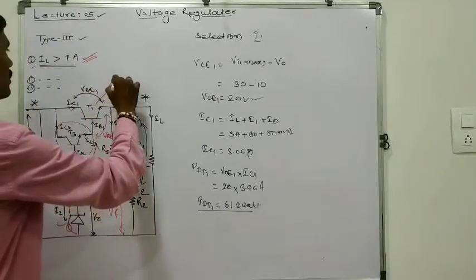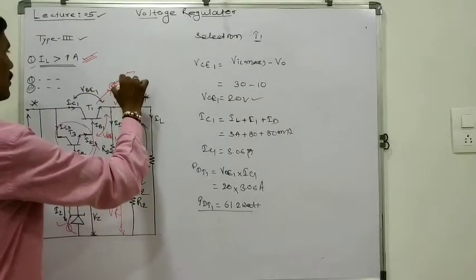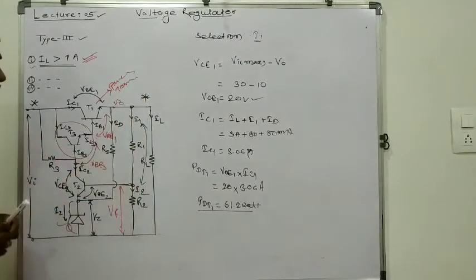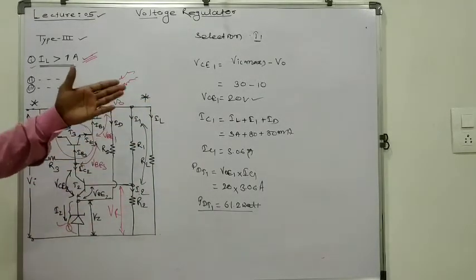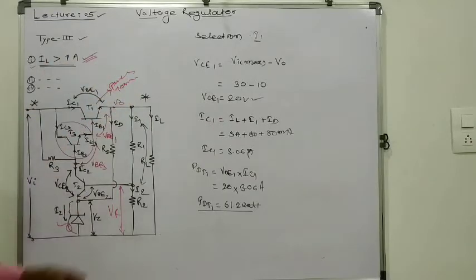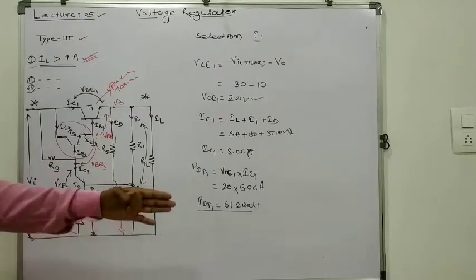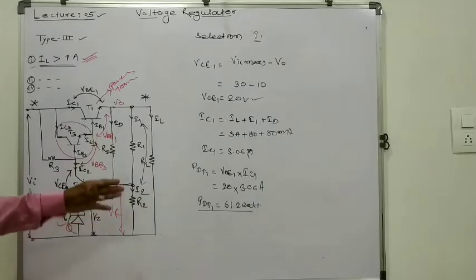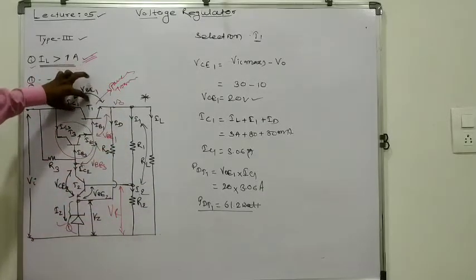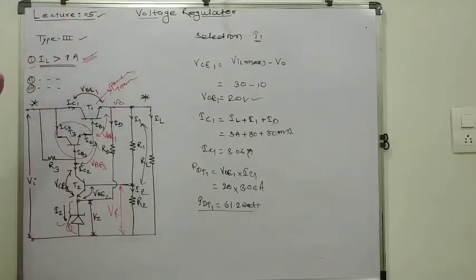So select a power transistor with VCE equal to 20. We can select a VCE of 40 volt with power dissipation of 61.2 watt. We have to select a double rating. So we select transistor T1 with VCE1 equal to 40 volt, IC equal to 6 ampere, power dissipation equal to 120 watt, with HFE equal to 30.